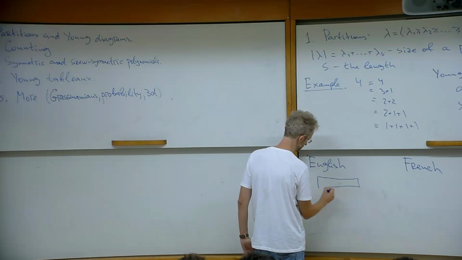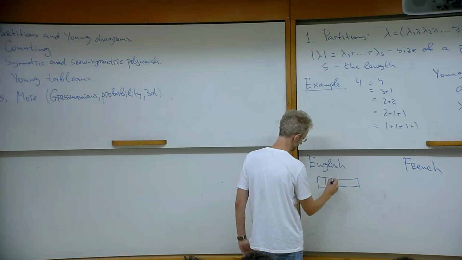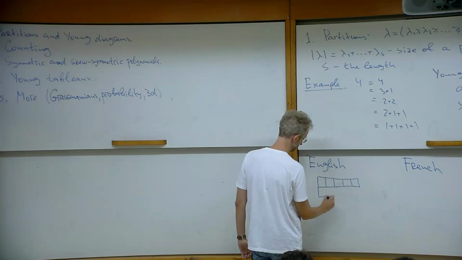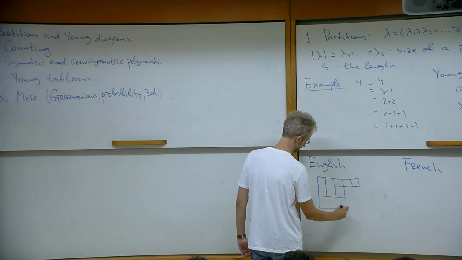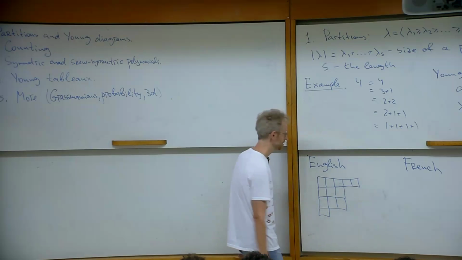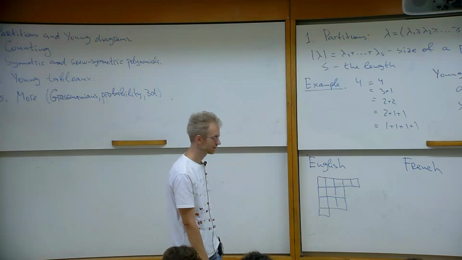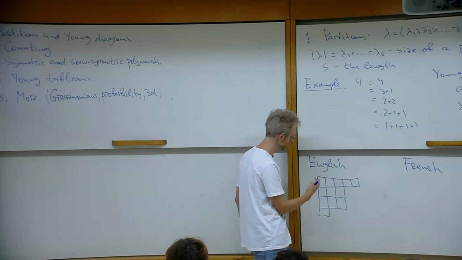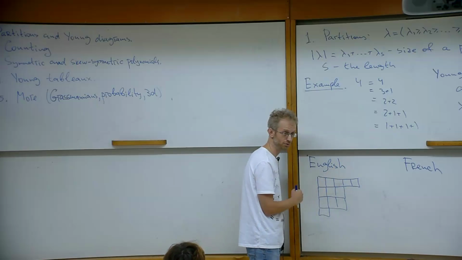So you first put 5 boxes upstairs. And then you put 3 more here. And then 3 more here and 1 more here. So this 5, 3, 3, 1 partition is seen just by counting the number of boxes in the first row, second, third, and fourth.